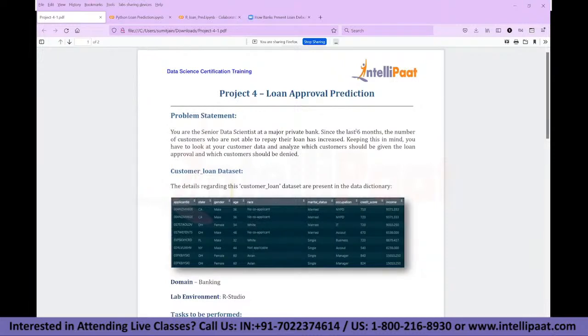This helps companies save money because they make fewer loan defaults, and it makes sure they are as accurate as possible. So these models create a lot of value for them in deciding who to give the loan to and who not to. It's a very widely used industry.